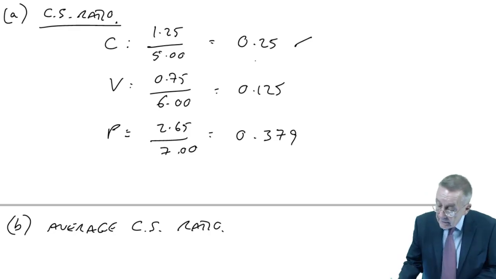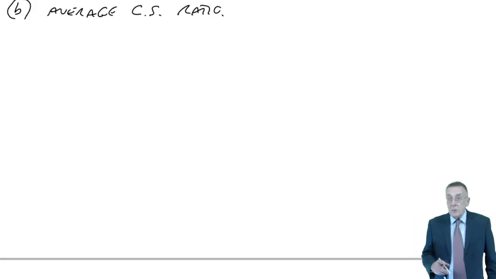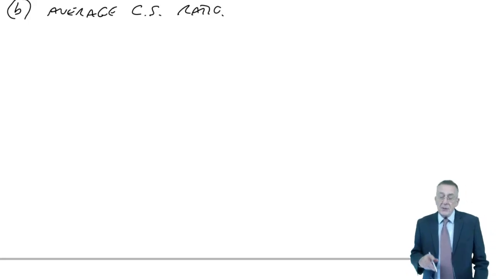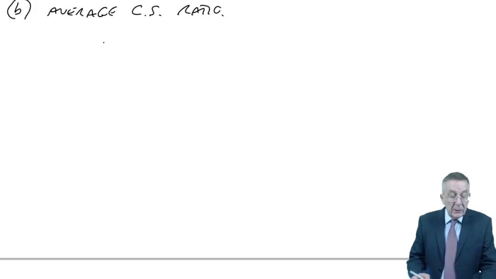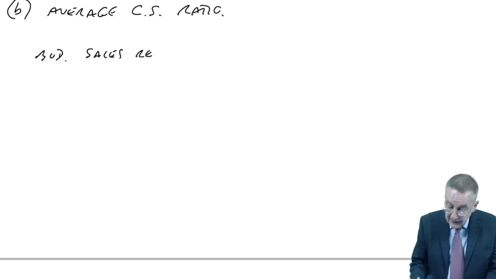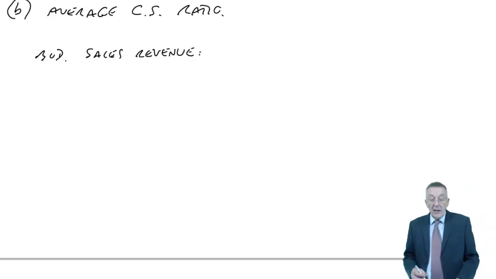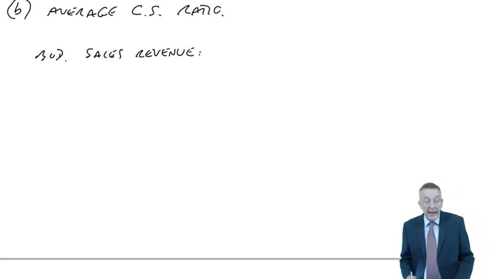So again, we can't just take an ordinary average. What we're going to have to do is work out the total budget sales revenue, and then later I'll work out the budget contribution and then we'll put it together.